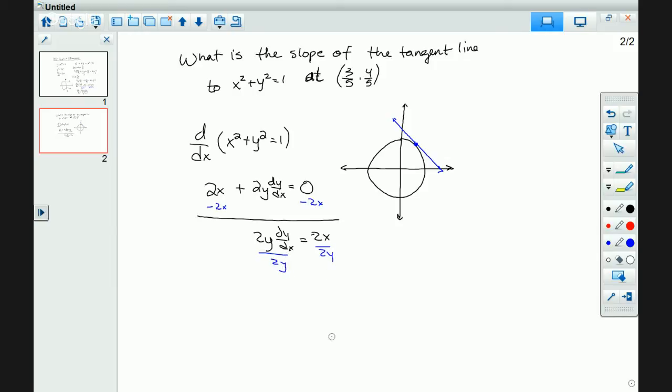Yeah, take the 2 out. The dy/dx is negative x over y. Right, so what's the slope of my tangent? Our tangent.